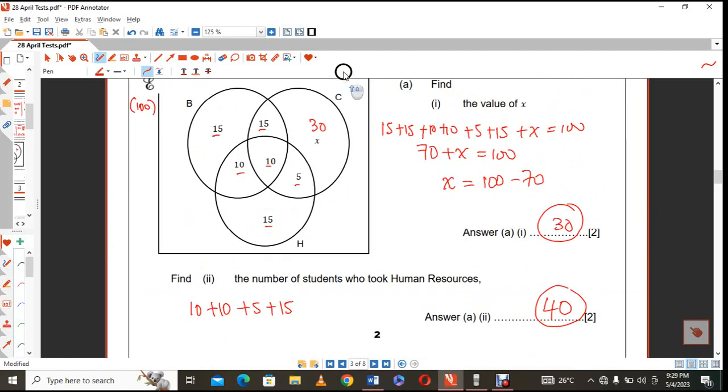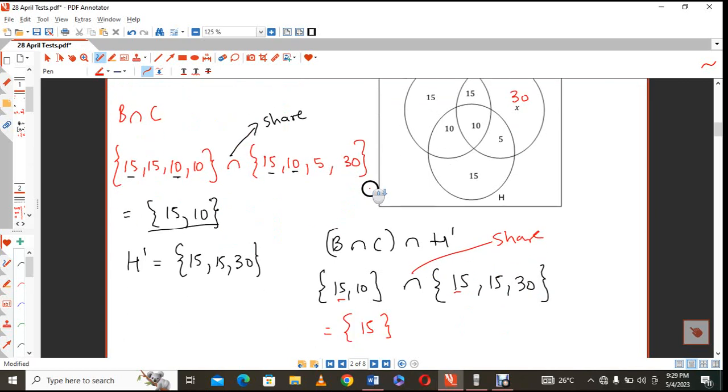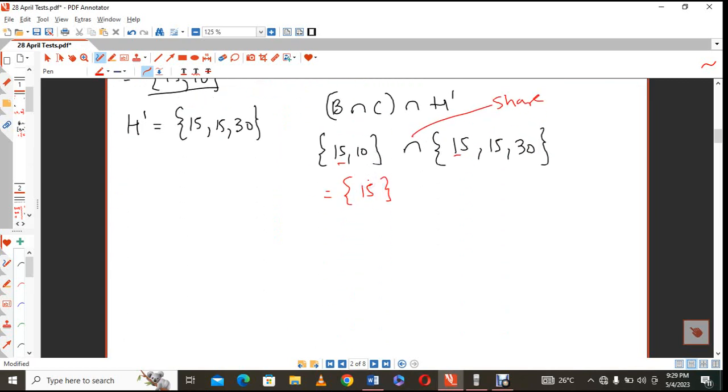I'm going to go back to that page that I worked on because the diagram is still over there. So I'm just going to write in that was number of B union C intersection with H complement. Now I know that I have got H complement from over there, so that is going to assist me greatly.